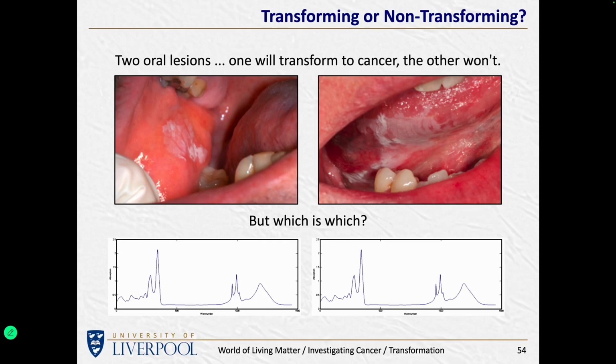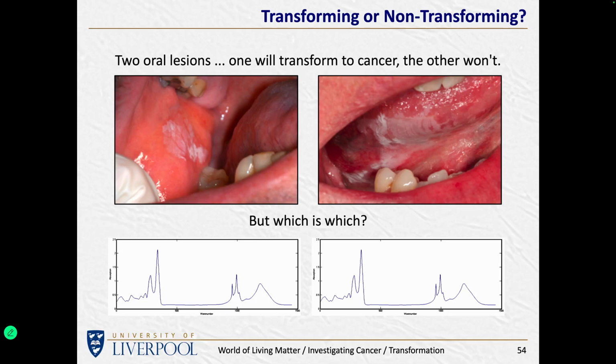in the same position. But by taking spectra such as these, and not two spectra, I mean we take thousands or hundreds of thousands or millions of spectra, and then we start to see tiny differences. But we don't see them by eye. We have to resort to writing computer code that looks specifically for tiny differences in spectra that might be indicative of whether or not this is going to transform into cancer.